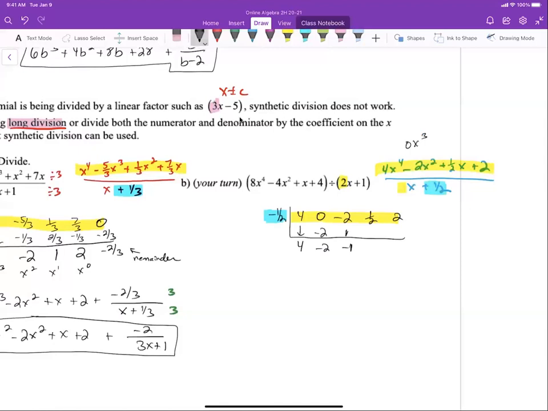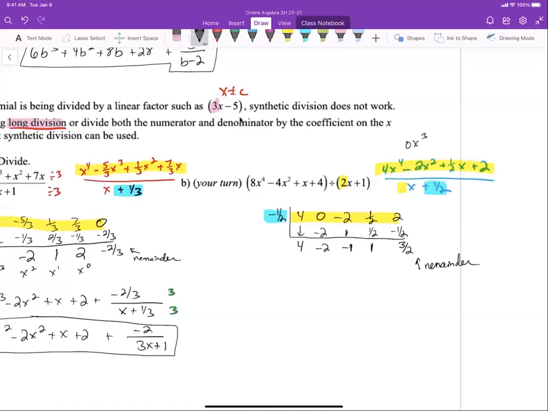Multiply by negative 1/2 gives me a positive 1/2. 1/2 plus 1/2 is going to give me a positive 1. Negative 1/2 times 1 gives me a negative 1/2. Now I have to add 2 plus negative 1/2, have to use a common denominator, and that will simplify into positive 3/2. This right here is my remainder.